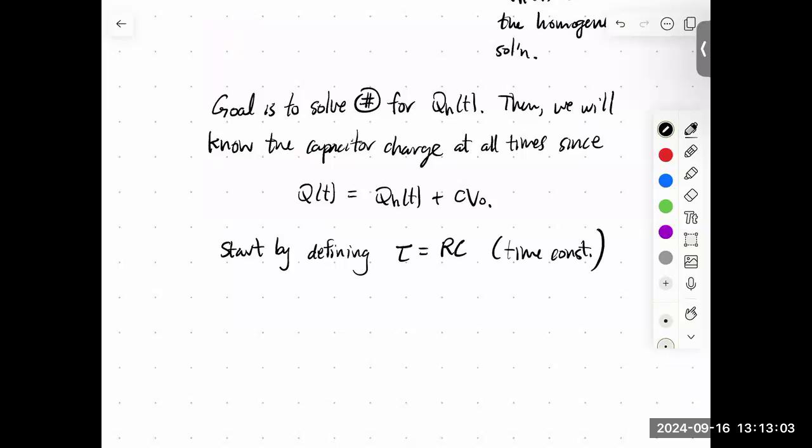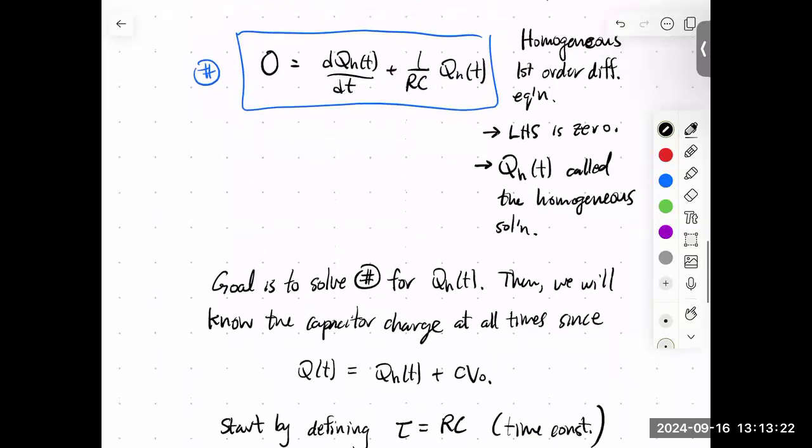So then we could say, all right, our homogeneous differential equation is 0 is dQH dt plus, and it was 1 over RC, which I'm going to write just as 1 over tau now, times QH.